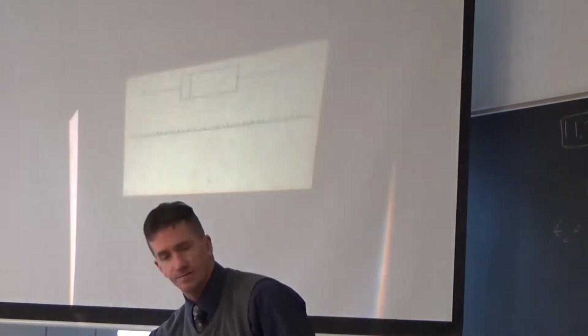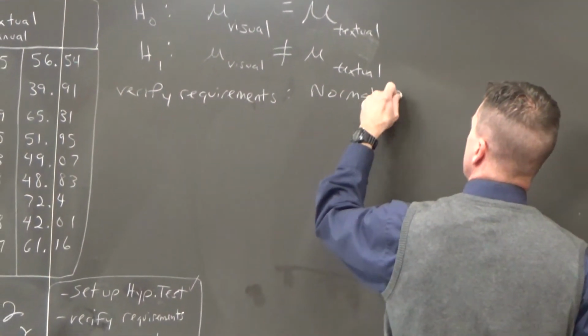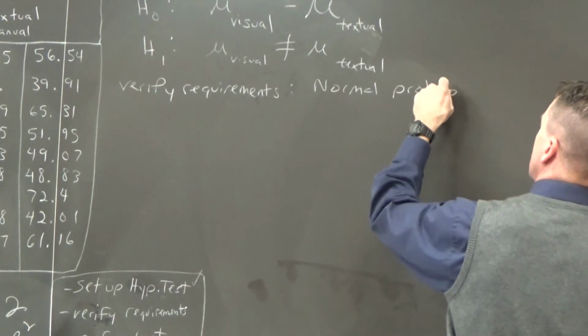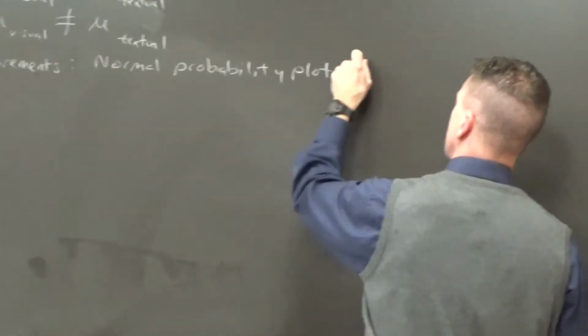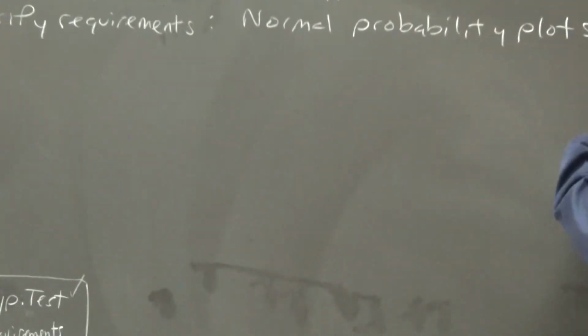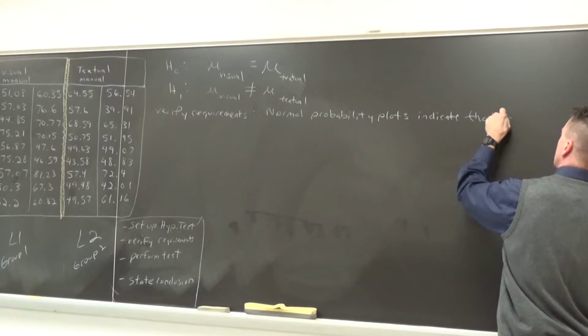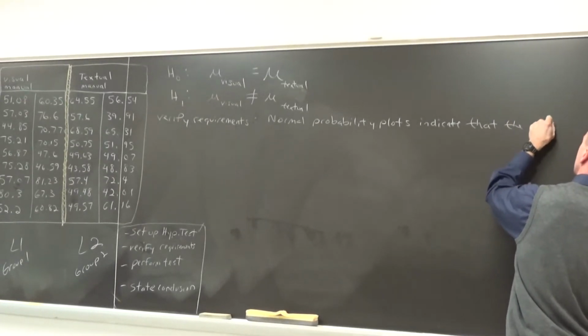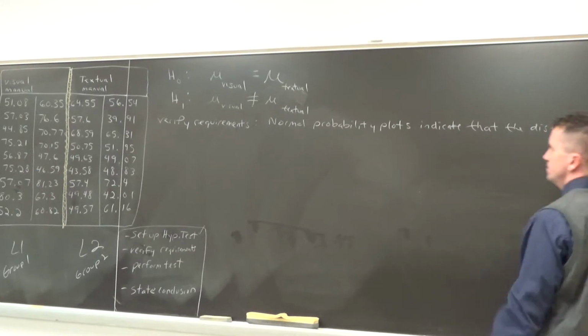So I'll turn this off. And I'm going to write that down. I know we didn't have it, but normal probability plots did indicate that the distributions are approximately normal.